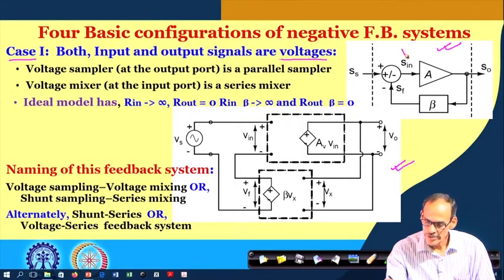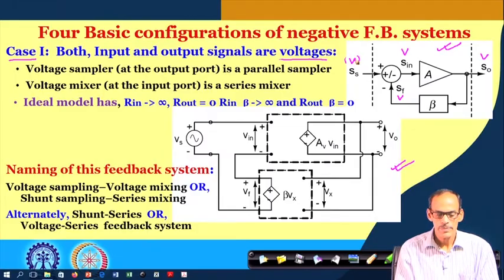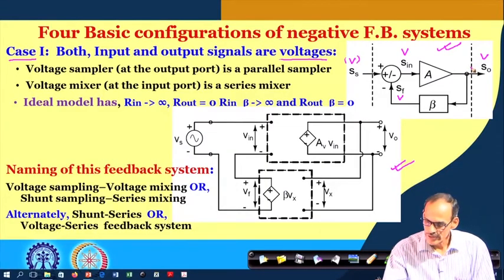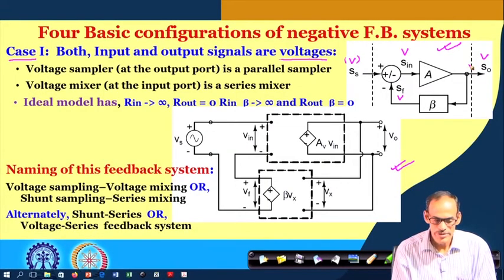So, here we consider it is voltage, here also it is voltage. So, the signal here is voltage and this is also voltage. Now, since the signal is voltage, as you can see, the sampler, whenever we are sampling the signal, it should be a parallel connection.